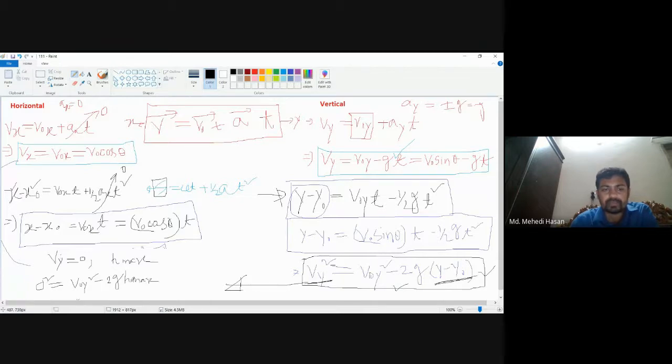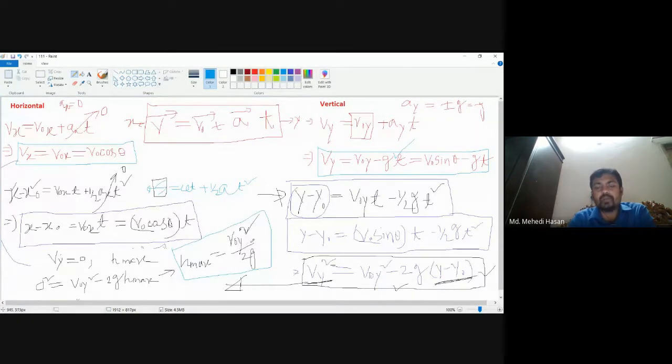Then finally the equation will be h max equal to V naught y square divided by 2g. By using this equation, you will get the maximum height.